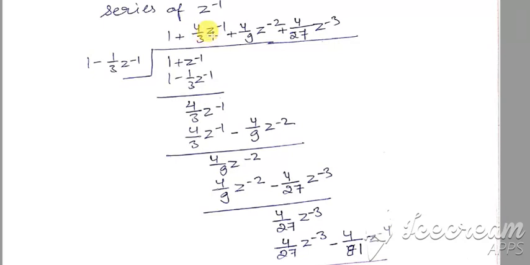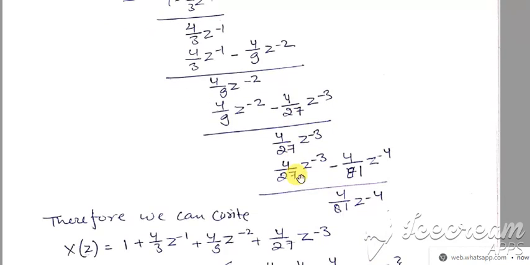When we multiply this term with 1, we get 4/3 z^-1 minus 4/3 into 1/3, which is equal to 4/9. z^-1 into z^-1 is equal to z to the power minus 2. When we subtract this term from this term, we get 4/3 z^-2.